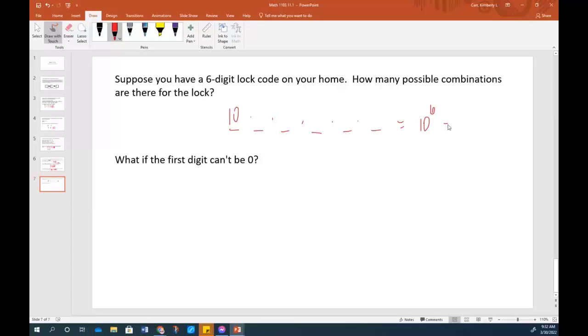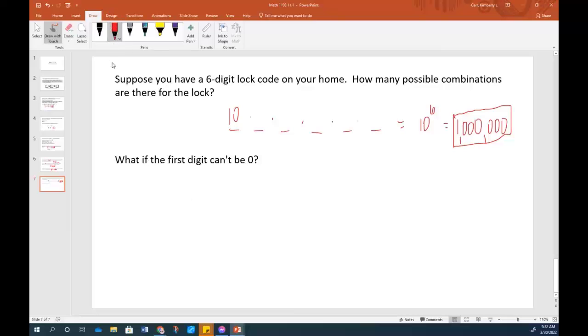So this one is 10 to the 6, and 10 to the 6 is a 1 with 6 zeros behind it. So that is 1,000,000 choices.